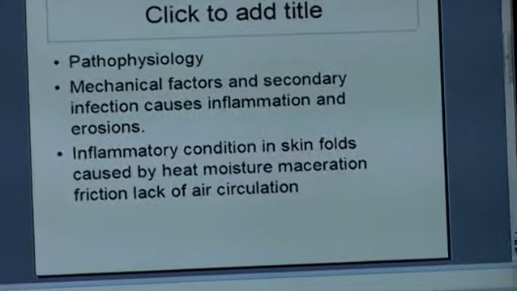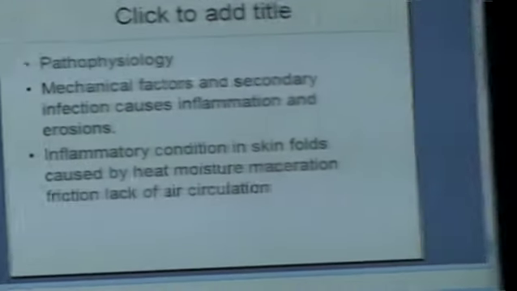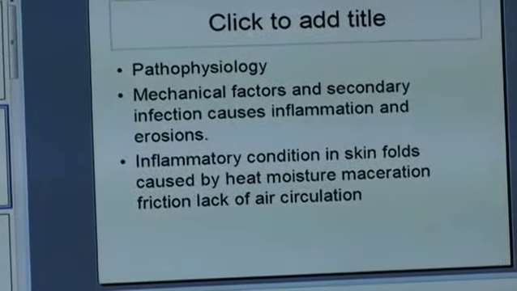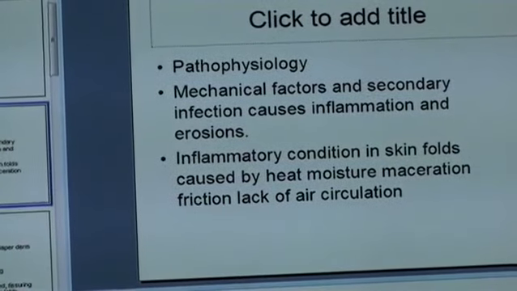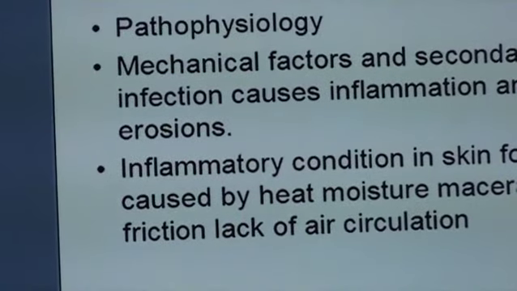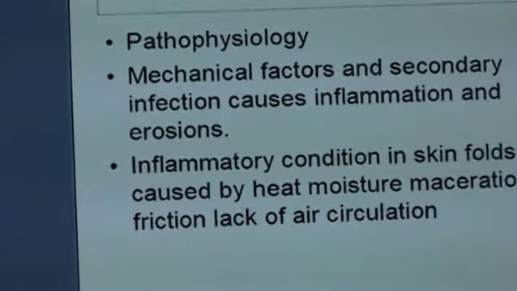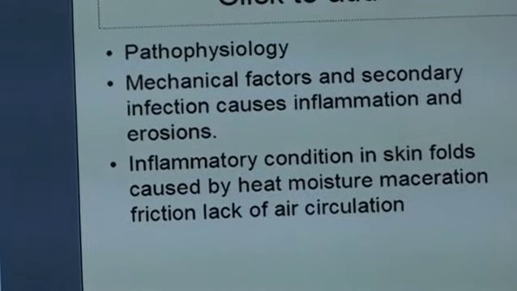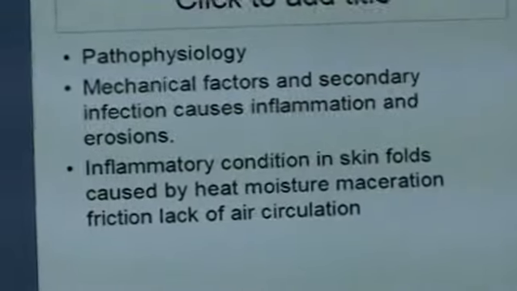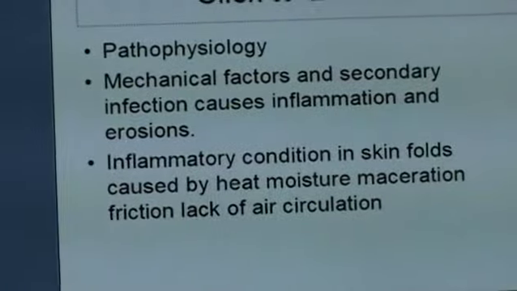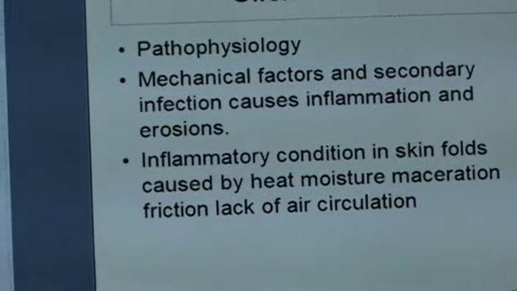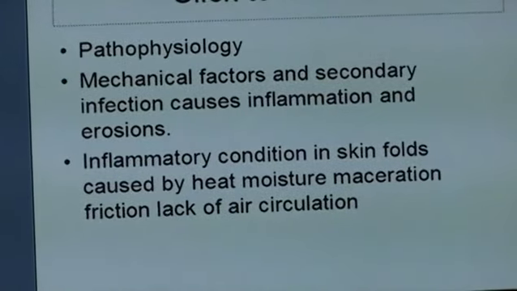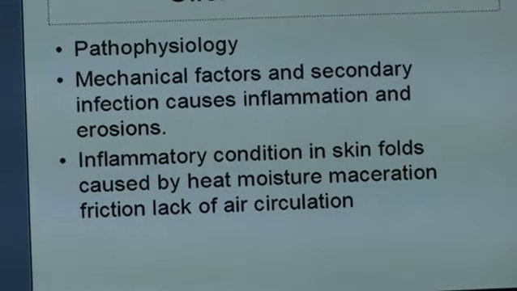The frequency is complications of diabetes, diaper dermatitis, and obesity. There's no difference in race or sex. It occurs in the very old and the very young. It presents as basically erythema. It becomes crusted, macerated, fissuring, and then erosions occur in the skin folds.